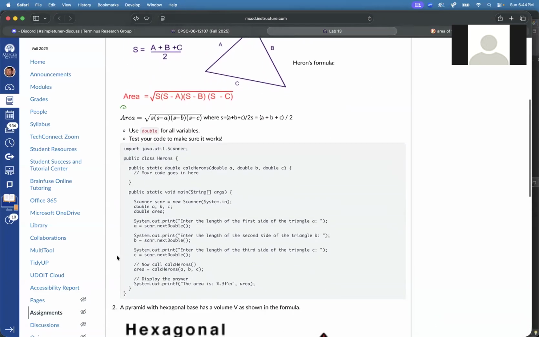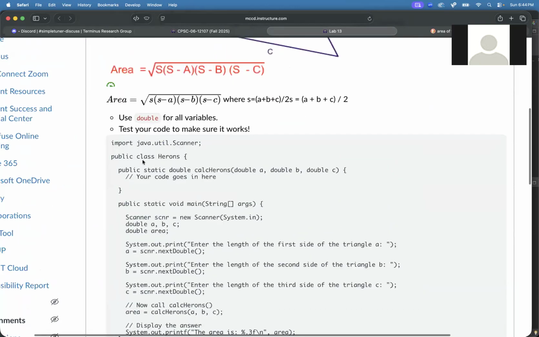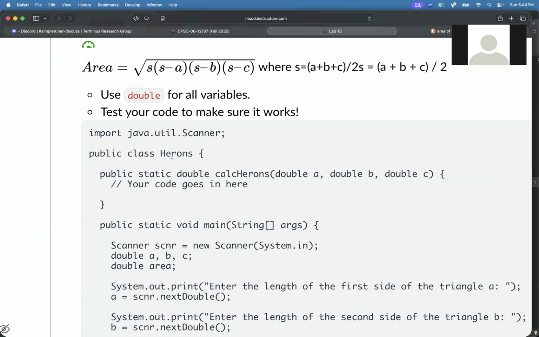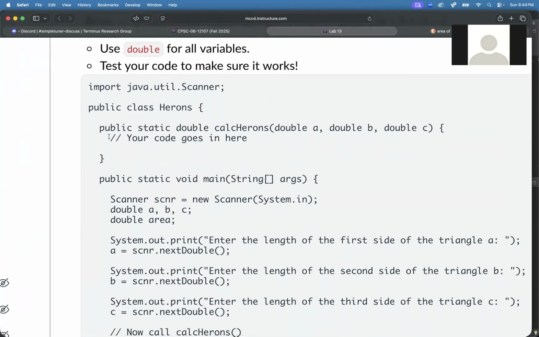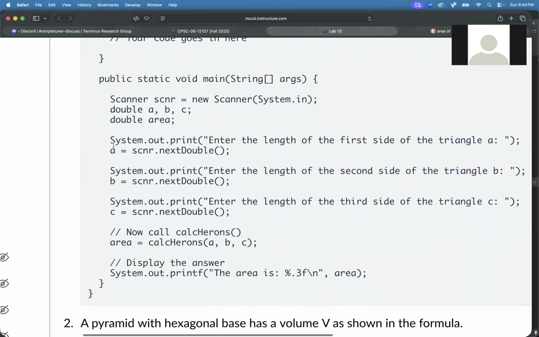And there's already some sample code down here. Looking at the sample code, I see that the class is called Herons. And then it says public static double calcHerons. So this is the formula that we're going to write. And then in the main method, it's already done for us. So we have a Scanner object.